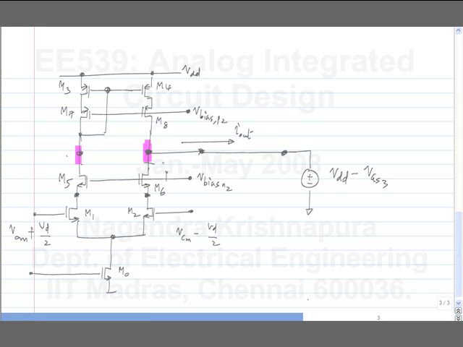Now if I apply a differential voltage VD by 2 and minus VD by 2, what will be the output current? How will we analyze this? First of all, what is this voltage? 0. Why is it 0? The impedance looking in here is what?